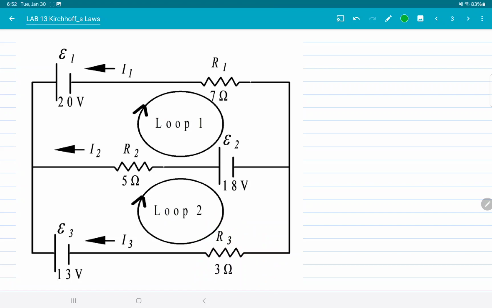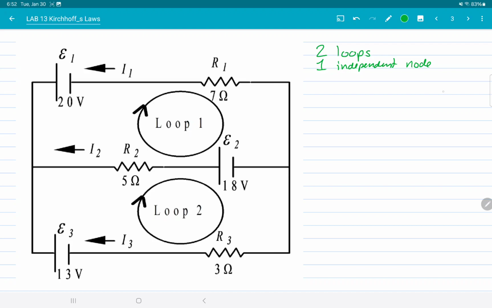So, okay, we have 2 loops, and we have 1 independent, or if I'm remembering right, I think the lab handout calls these essential nodes. So we'll need 3 equations to go through and handle everything that we have here. 2 based on the loops and 1 based on the node.